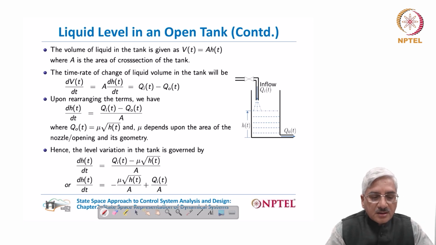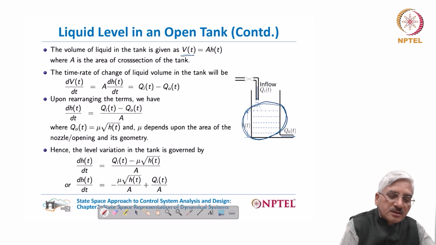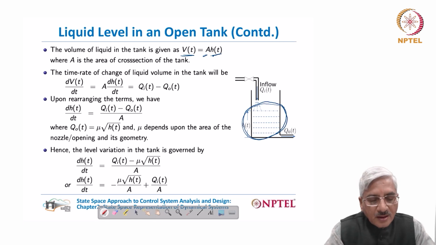What we see is that the volume accumulated in this tank, given as Vt, is the area of cross section into the level in the tank, A times Ht.